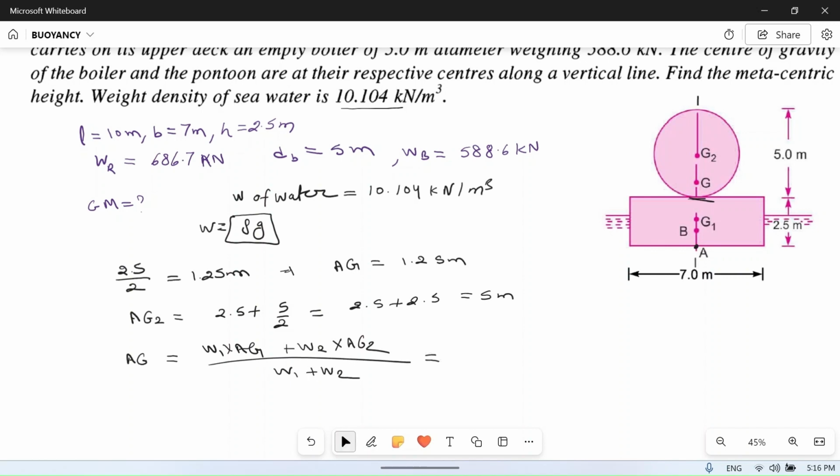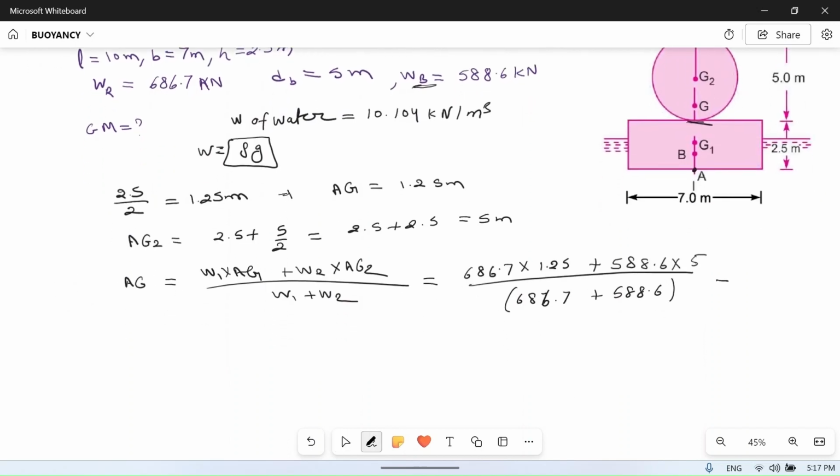W1 is W of rectangular portion, which is 686.7 into AG1 is 1.25, plus W2 is W of boiler, 588.6 into 5, which is AG2, divided by both weights, 686.7 plus 588.6. If you calculate it, you will get it equal to 2.98 meter. So this is the common center of gravity of this combination of two bodies.